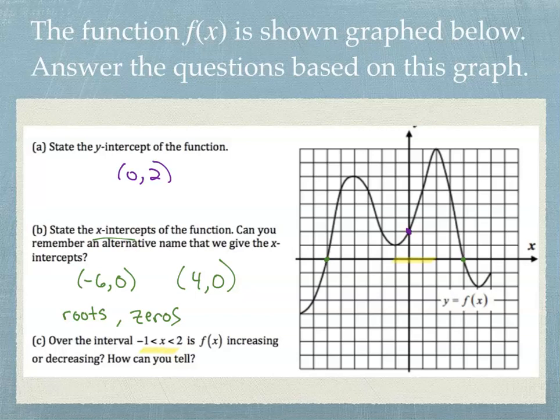We say that the function is increasing on that interval, and it is increasing because it is going up from left to right. You're always looking from left to right.